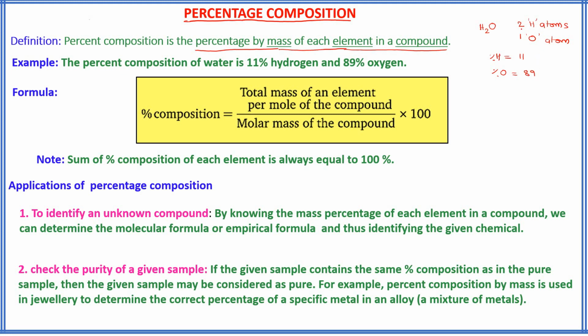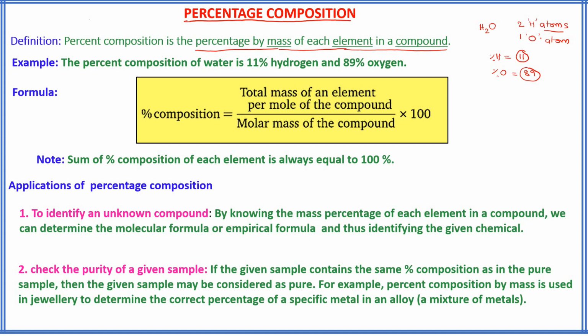Even though there are two atoms of hydrogen, the percentage of hydrogen is actually 11.11, but I have taken roughly 11%. And one oxygen atom only is there. Its percentage is what? 89. Now it depends upon atomic mass.